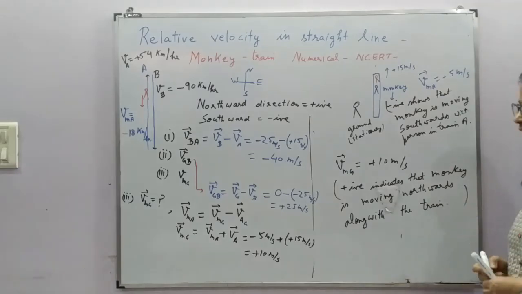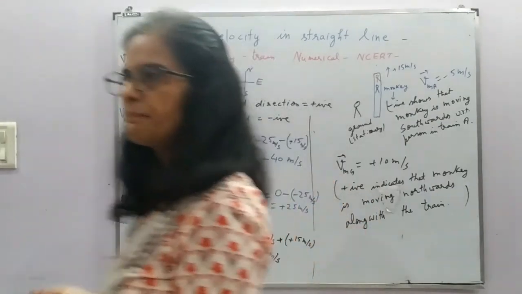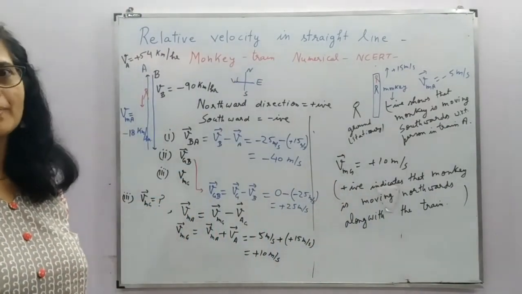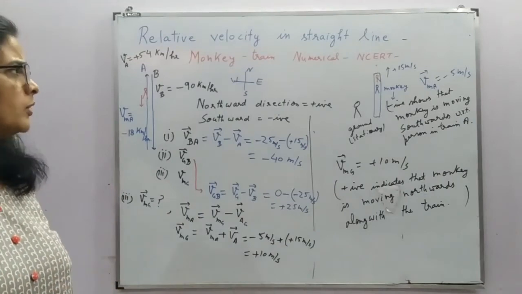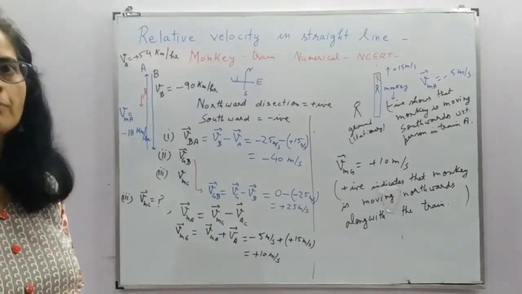So if these concepts are clear, the concepts of positive velocity, negative velocity, and with respect to what the velocity is given, then I think there will be no problem for you when you are solving relative velocity problems.